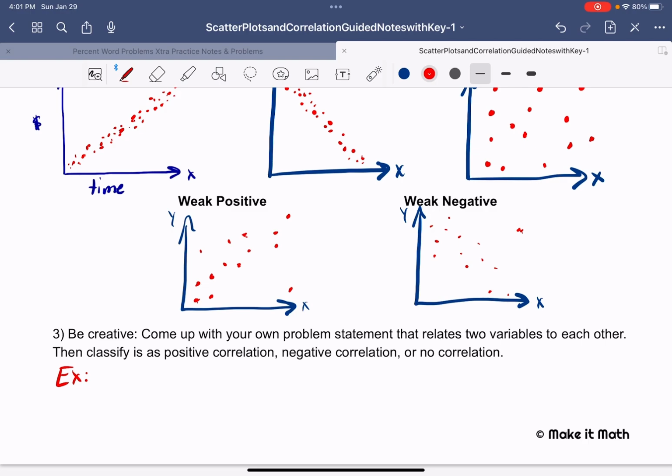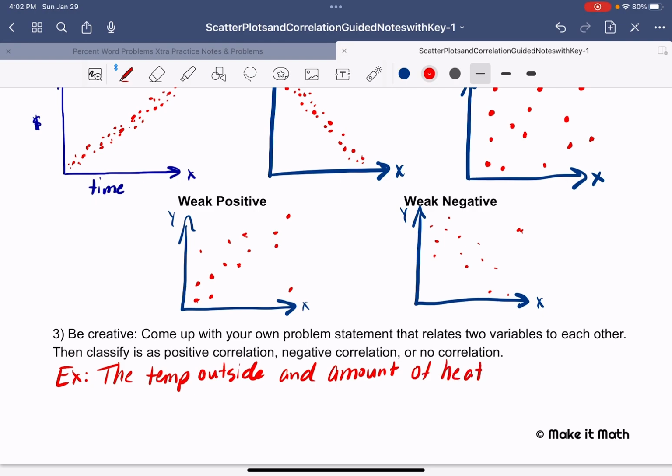So my example is going to be, let's see, how about the temperature outside and the amount of time the heat is running in my house. So you are not copying this down. You're thinking of your own.